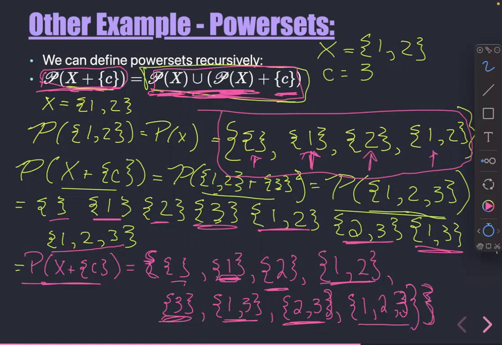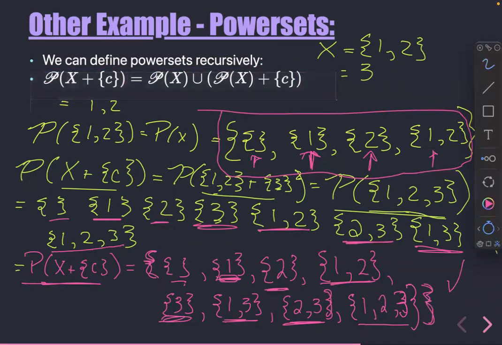That's just us convincing ourselves that this definition works. It's not a proof, because remember we can't do proof by example, but it's our way of writing it out to see how it works. This is your way of defining power sets recursively, using that type of notation.